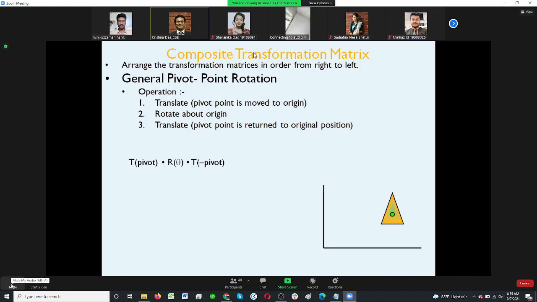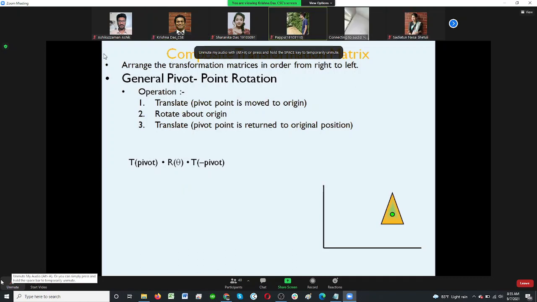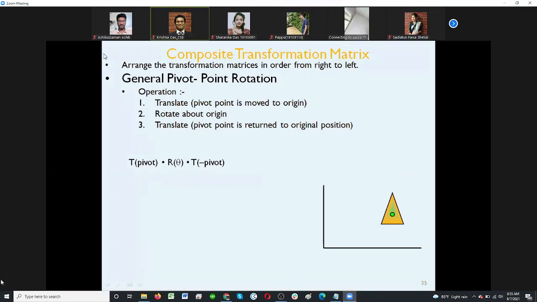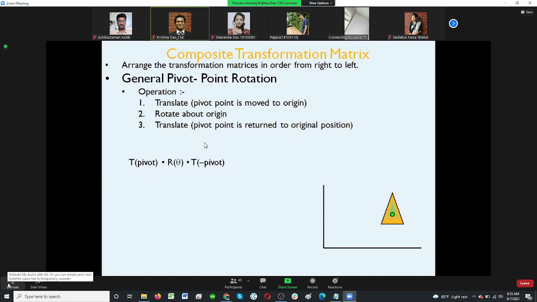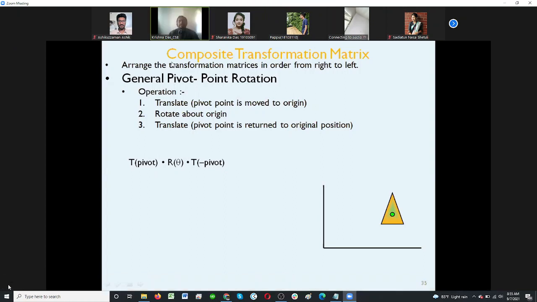So 0, 0. 0, 0 is the origin, but how can I get there? So by decreasing the value, -3, -2.